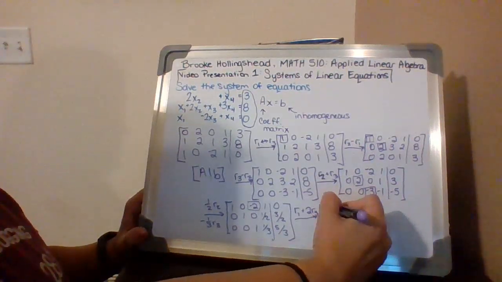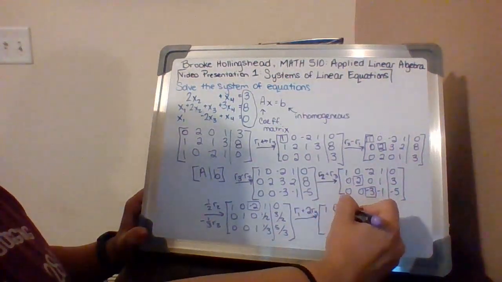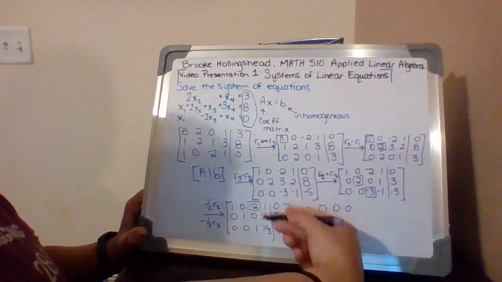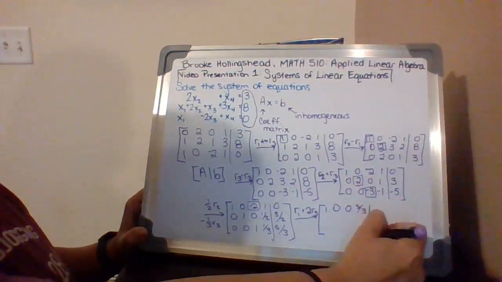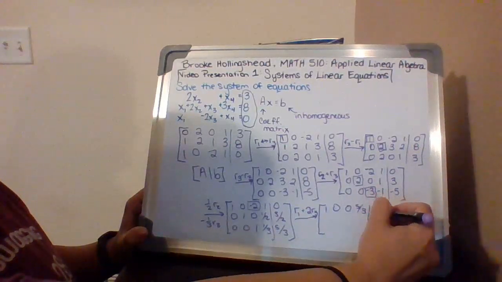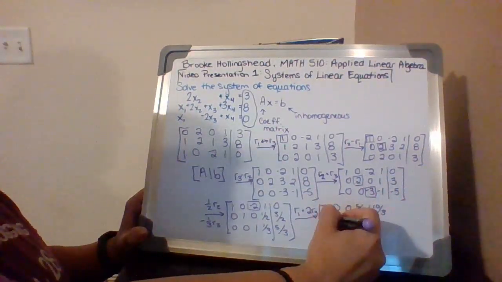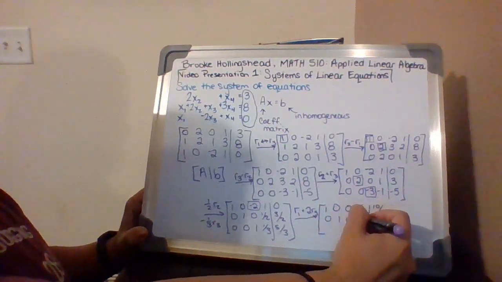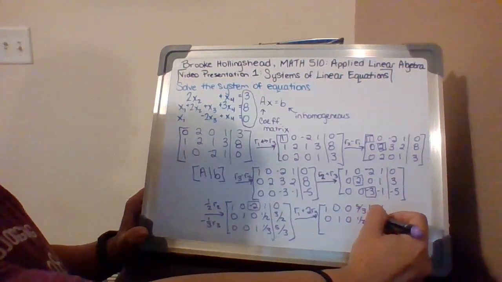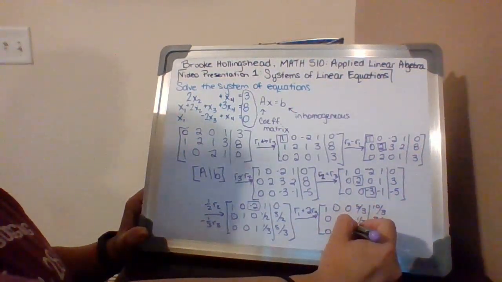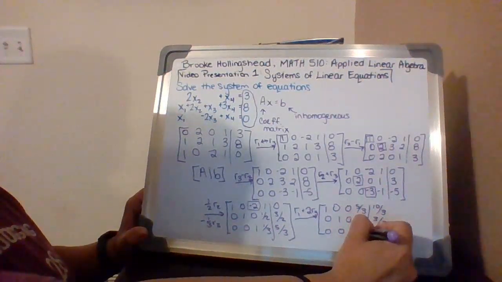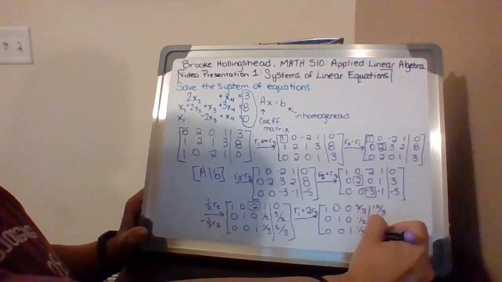So 1, 0, now that's going to be 0. Okay, 1 plus 2/3, so 5/3, and 10/3, and everything else is good. 1/2, 3/2. And this is now what we call reduced row echelon form.